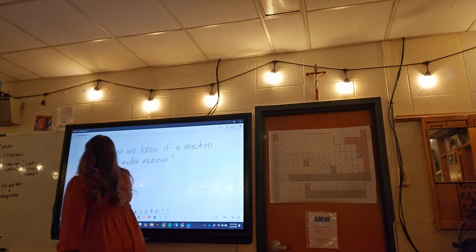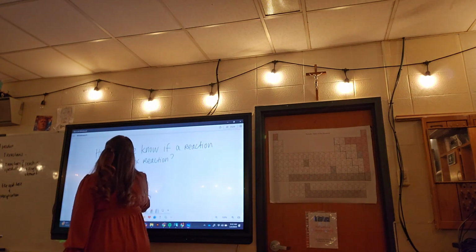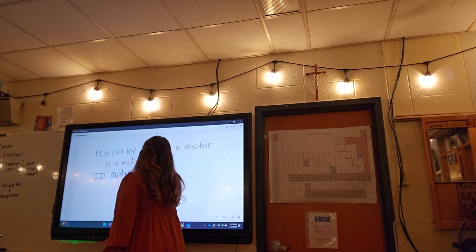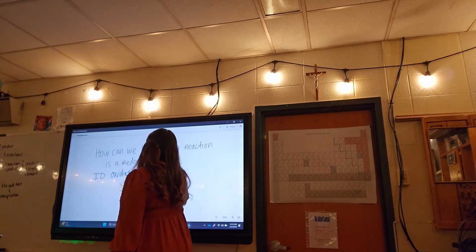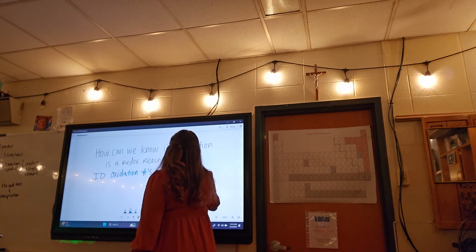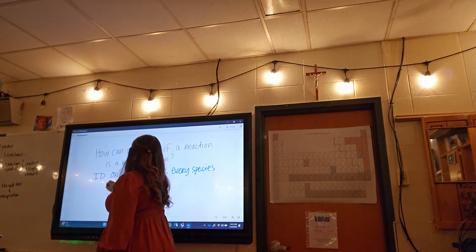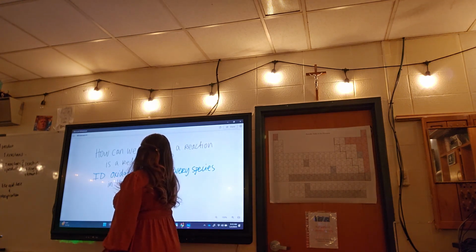And so what we really need to do is to identify oxidation numbers for every element or species, I'm going to call it, in the reaction.